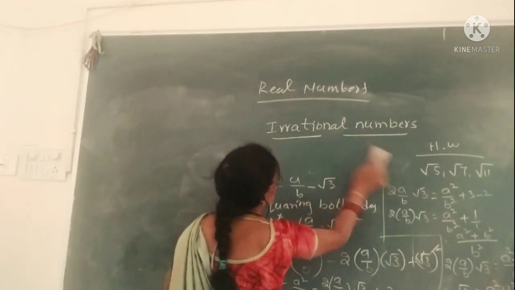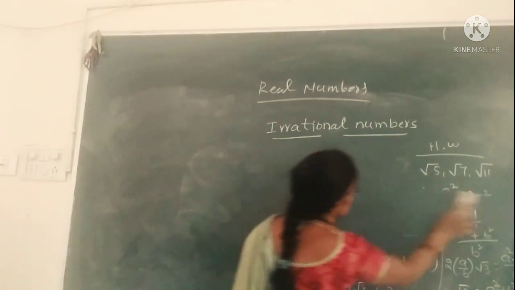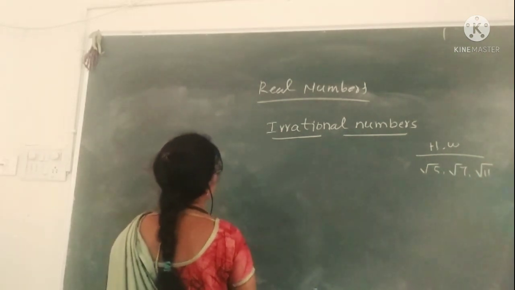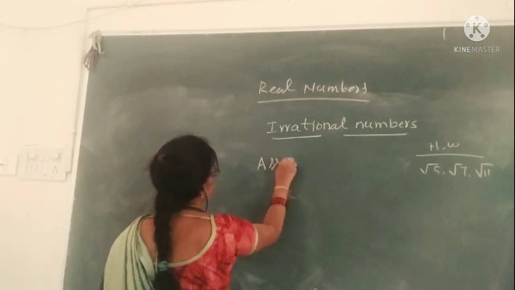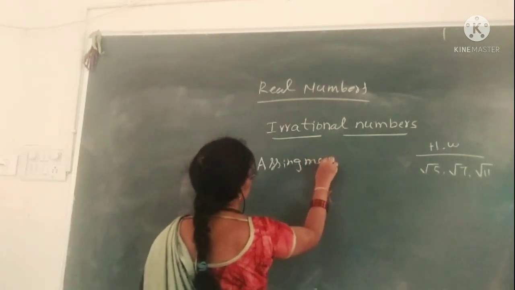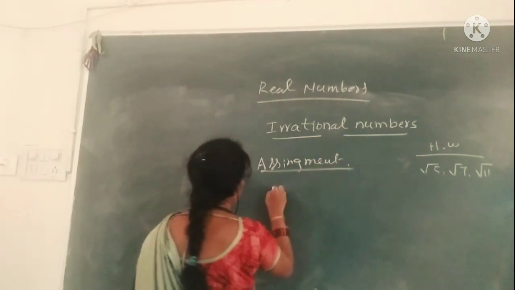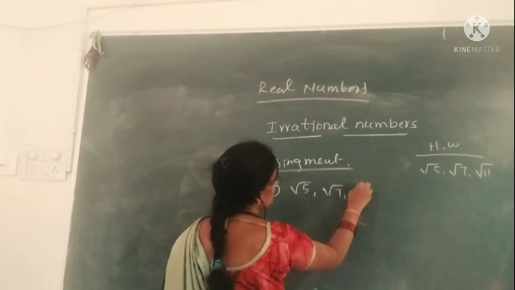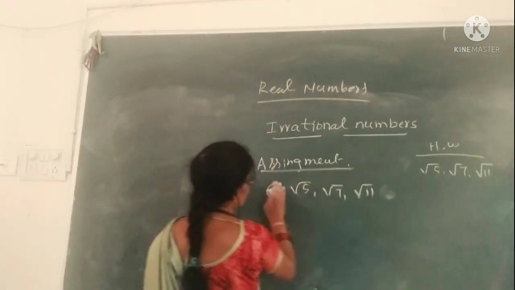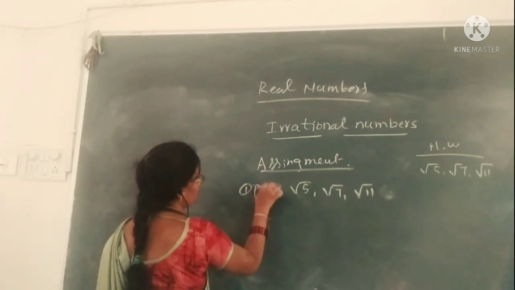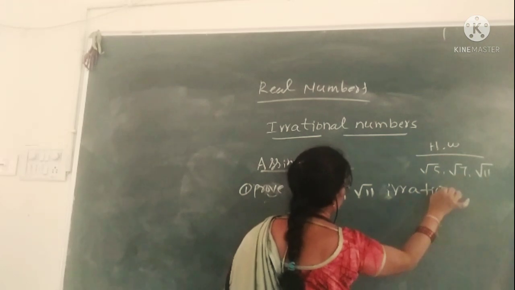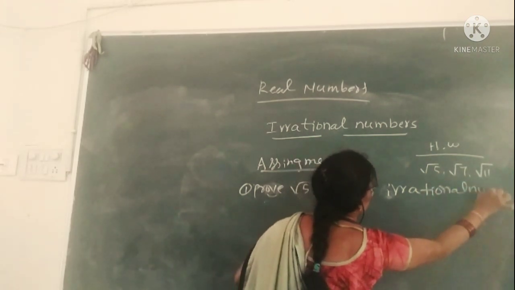So here is the assignment. Root 5, root 7, root 11 are irrational numbers.